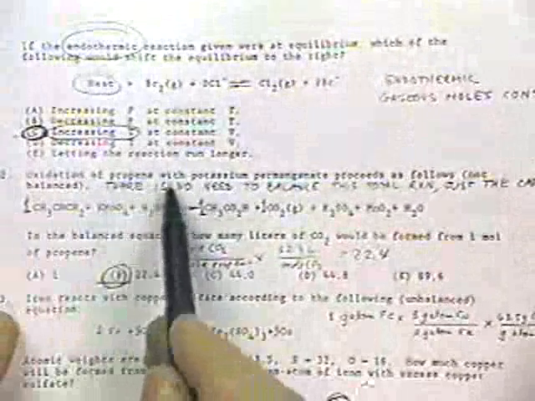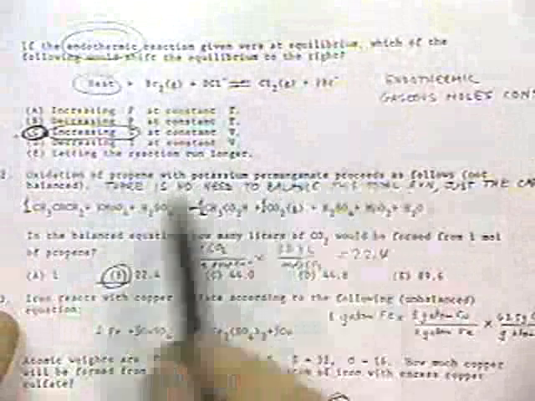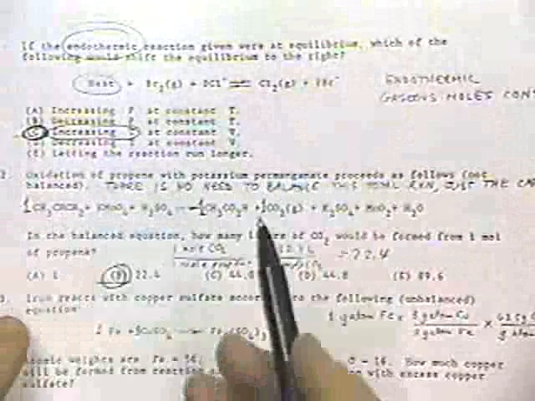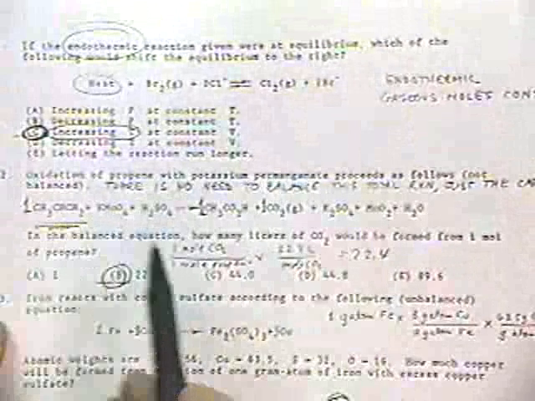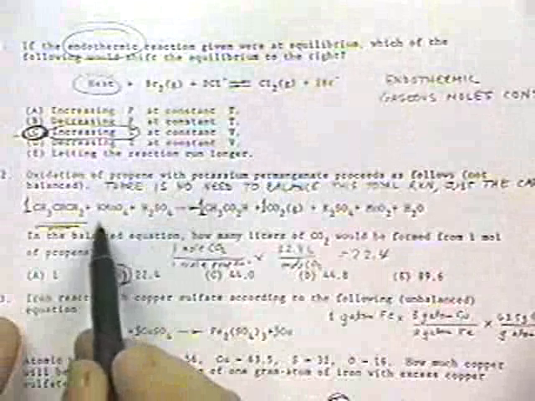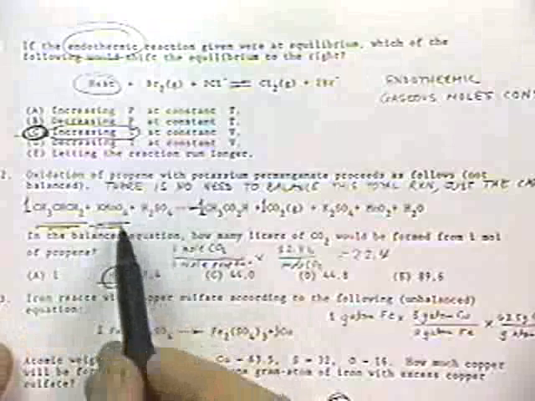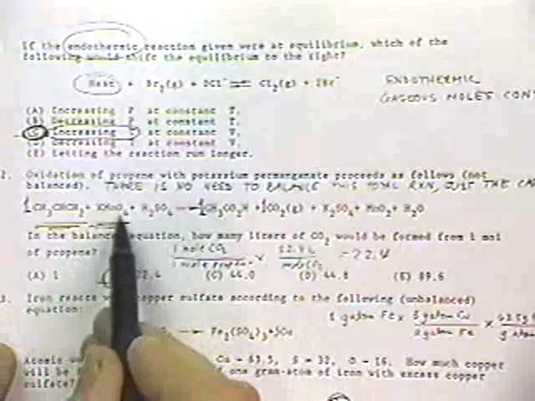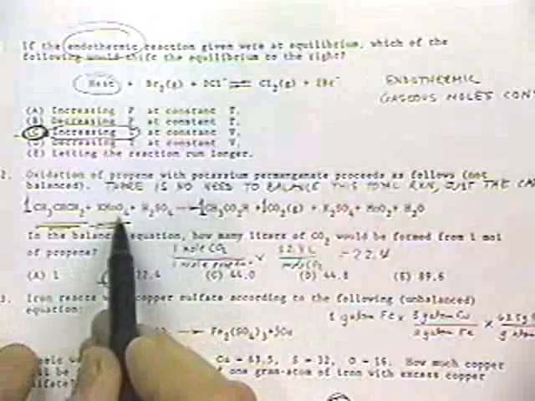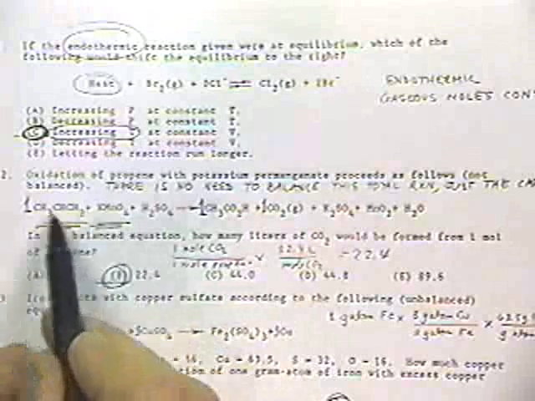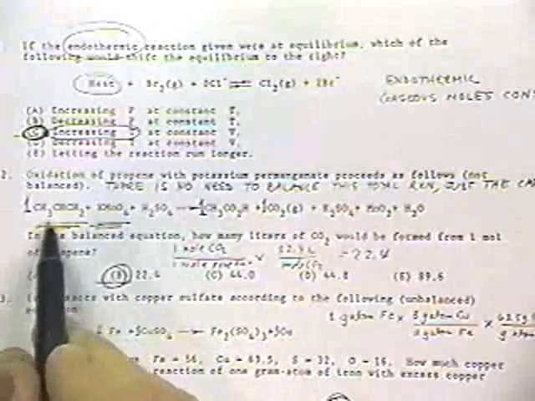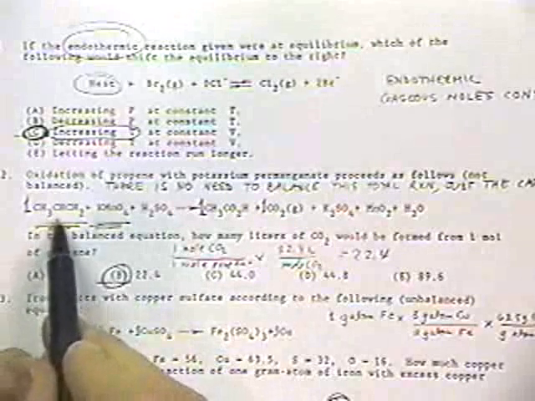Oxidation of propene with potassium permanganate proceeds as follows. It's not a balanced reaction. Here's the propene. Here's the potassium permanganate. Just to reinforce our ideas, potassium permanganate is an oxidizing agent. It will cause the propene to be burned, in a sense.